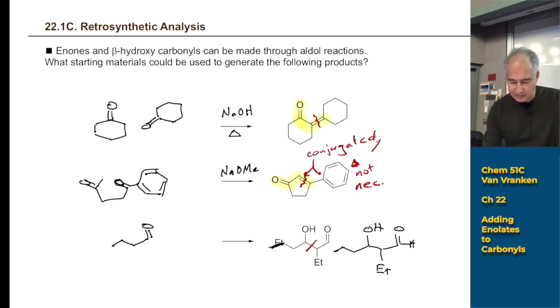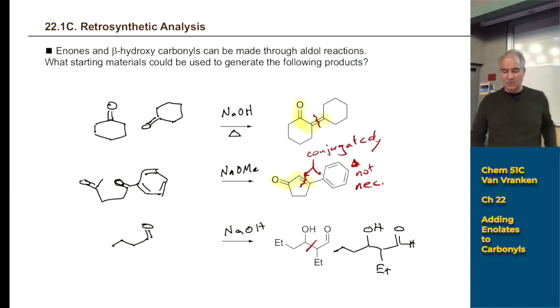I don't need to draw 2 molecules of the aldehyde. You could, I suppose, or write 2 equivalents, but that's not even necessary. And I'll just write sodium hydroxide here. I'm not going to heat it. Heat would give the elimination product. Okay, so that would be the conditions for making that aldol product.